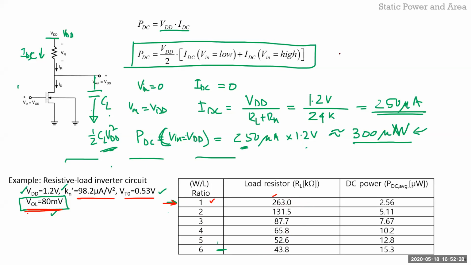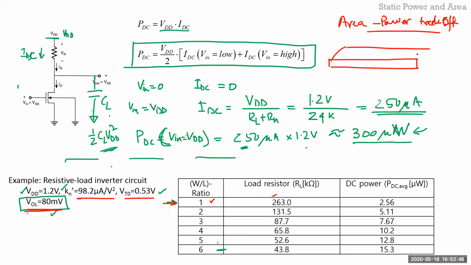So it's an area-power trade-off for this particular design. Typically a resistor, for example a poly resistor, is going to look like this.